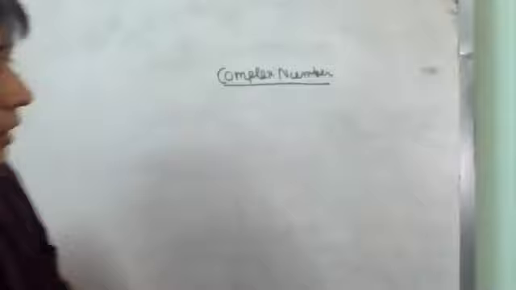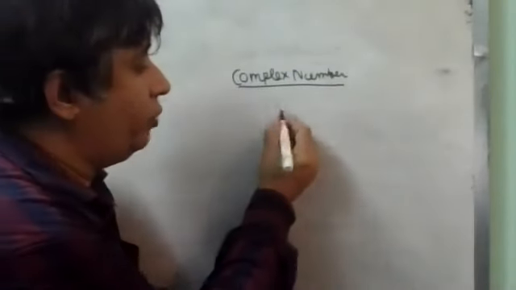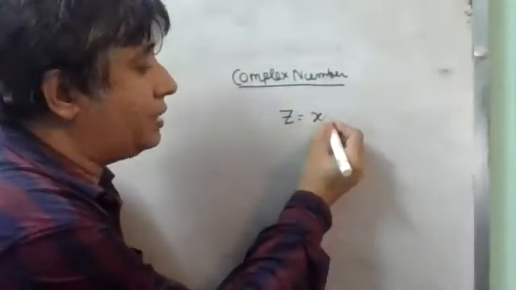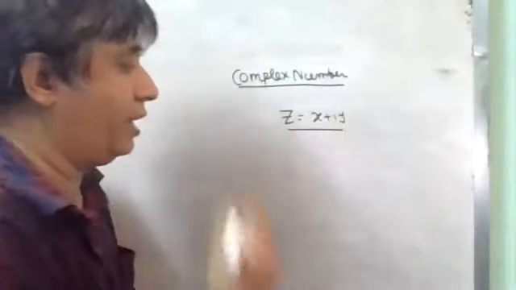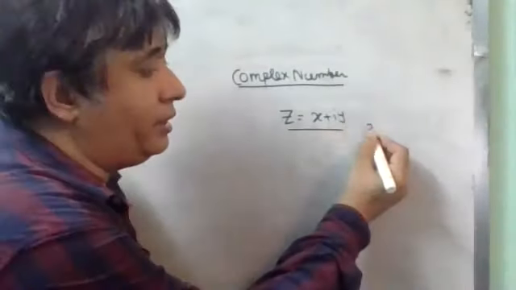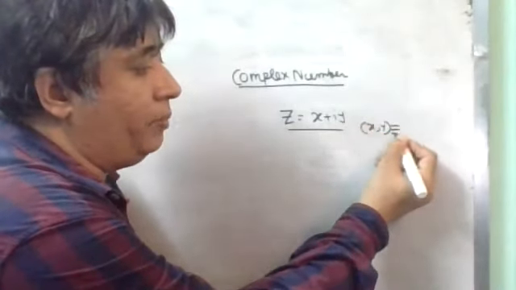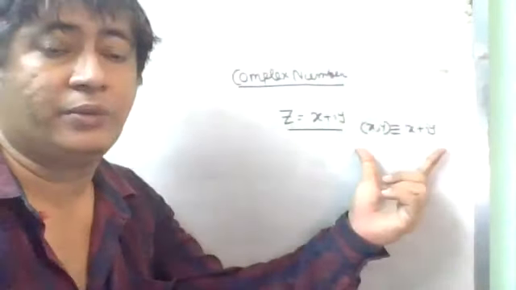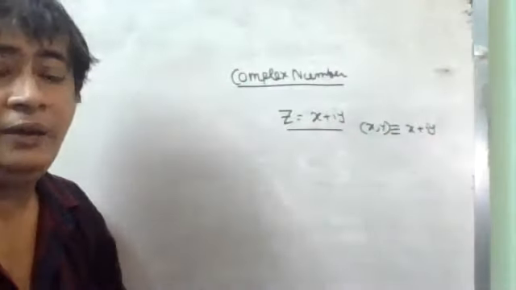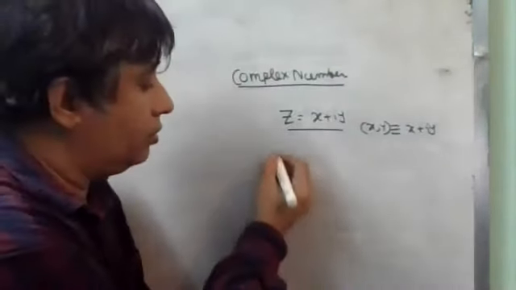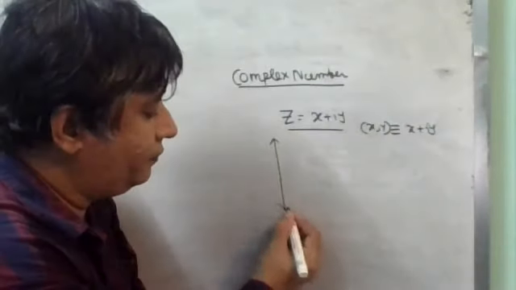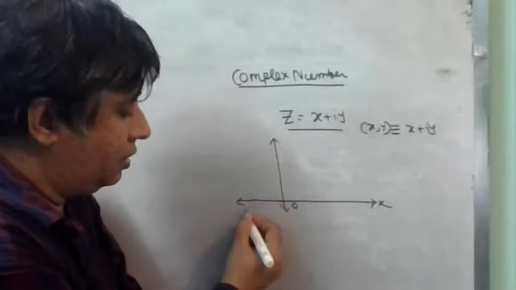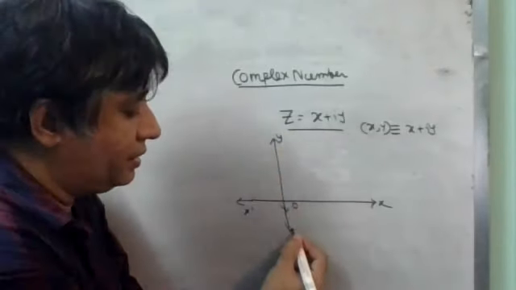So in the last video we discussed the standard form of complex number, that is x plus iy. x plus iy means any point in coordinate geometry will be expressed by x plus iy in the complex plane. That was taught last year. Now, a complex plane contains x-axis and y-axis.